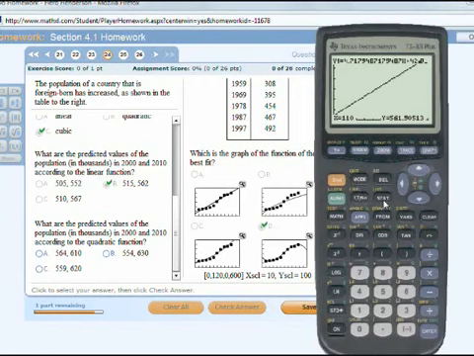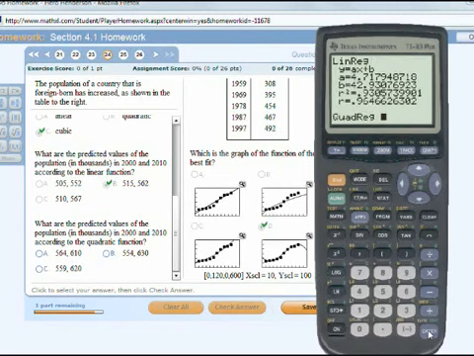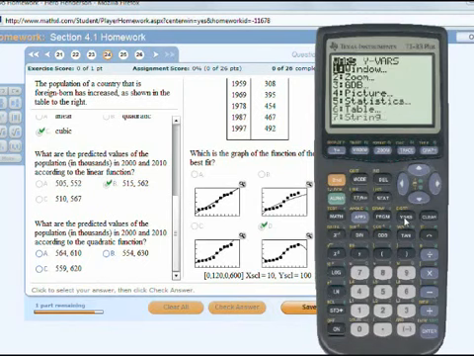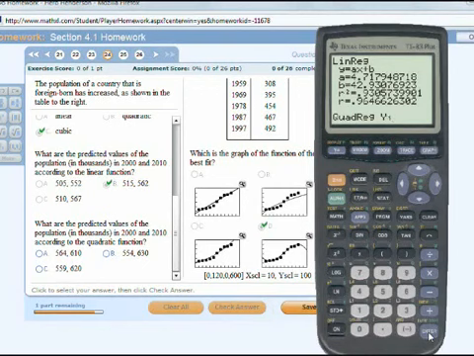We got to go back to the quadratic function. Quadratic, enter. Going to need it in y1. So vars, y vars, enter, enter, enter. Okay. And we're going to head over to look at the graph.